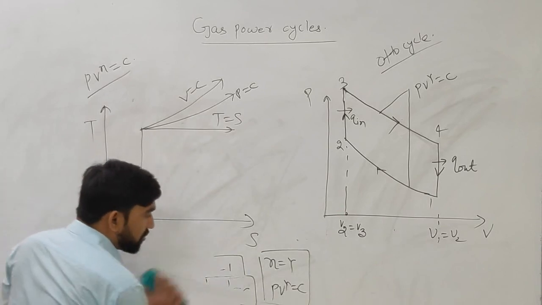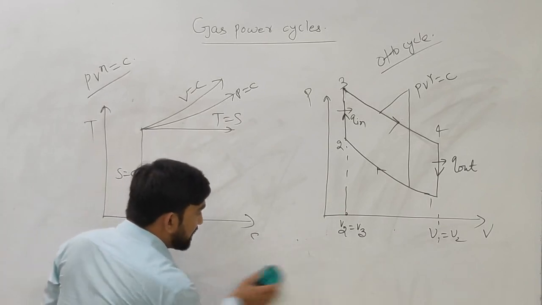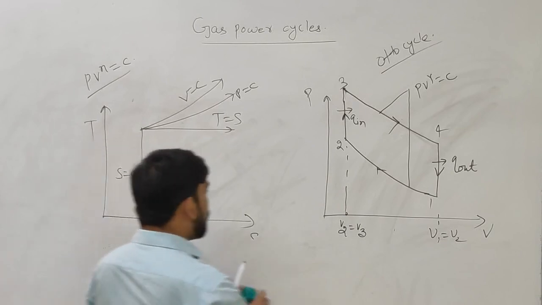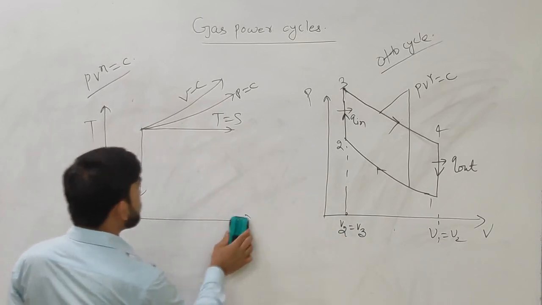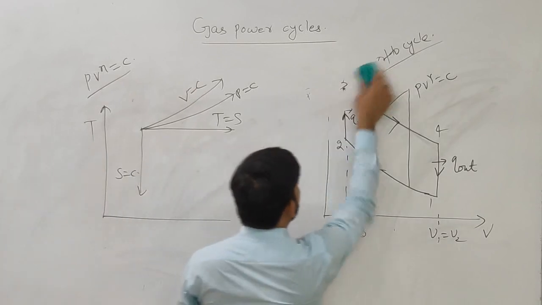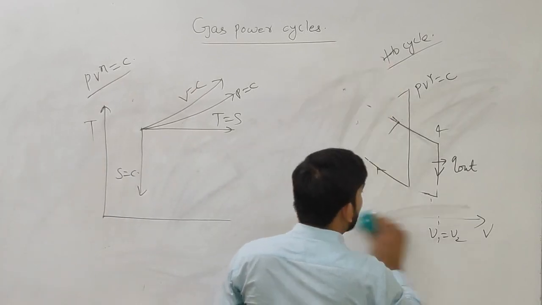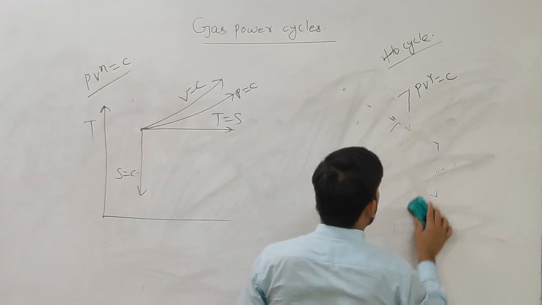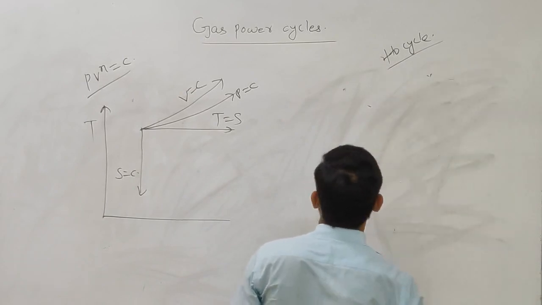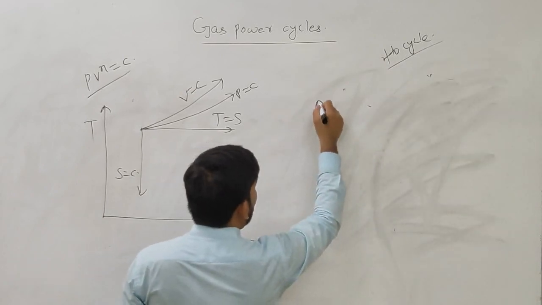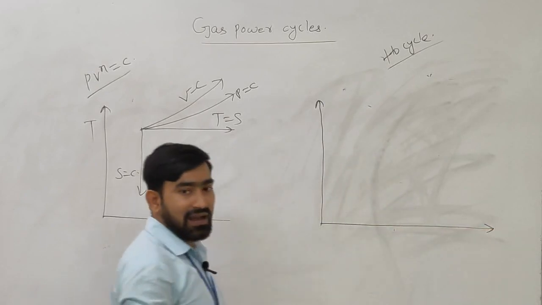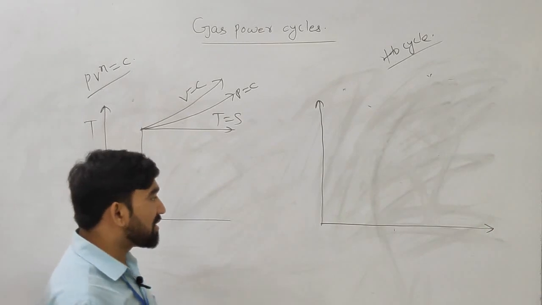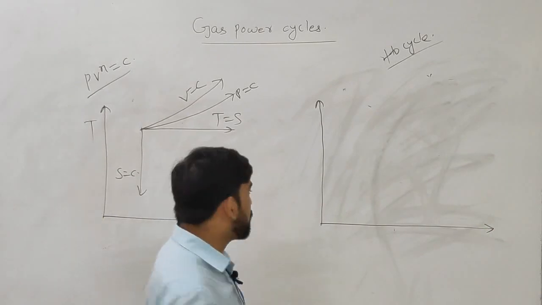So let's draw your attention towards the TS diagram for Otto cycle. So here, the TS diagram for Otto cycle can be drawn with the help of polytropic processes. In Otto cycle, we know that two reversible adiabatic or isentropic processes are there and two isochoric processes.